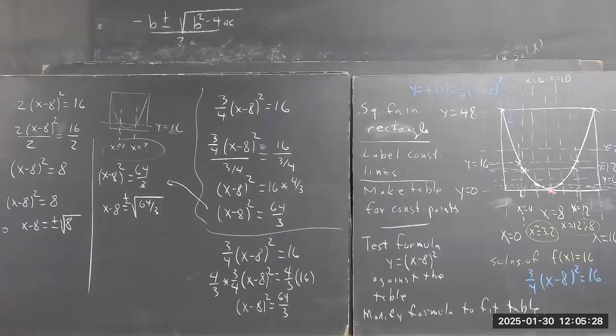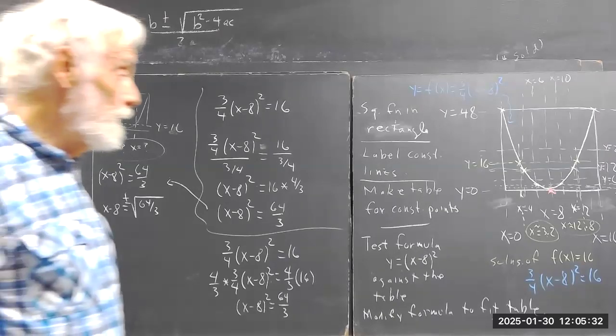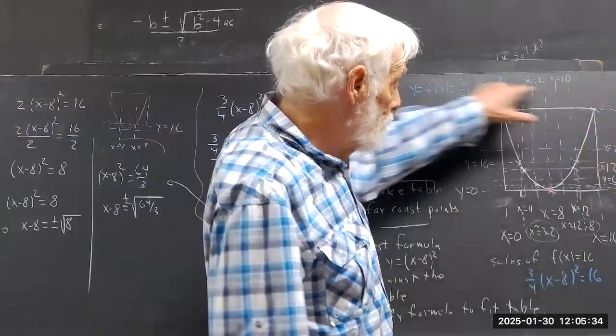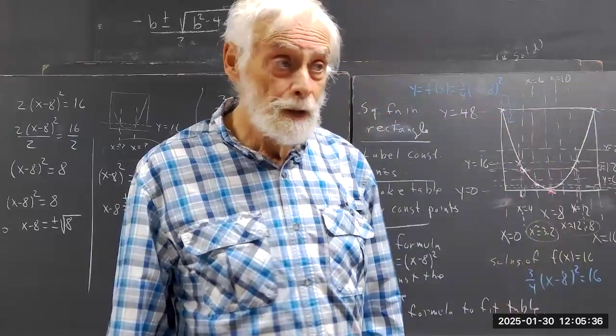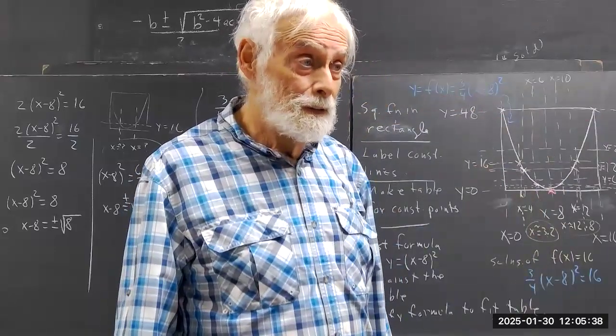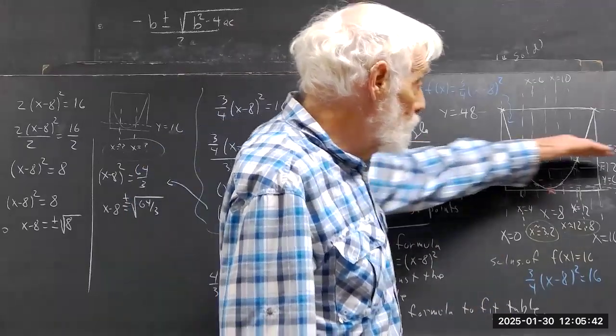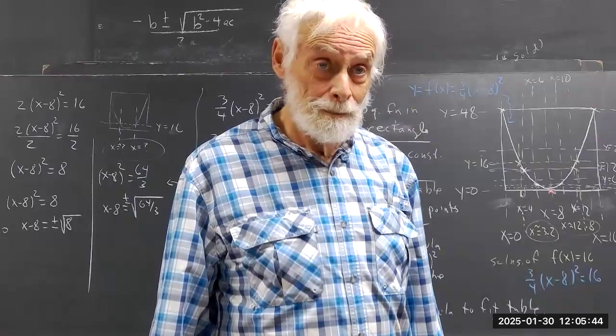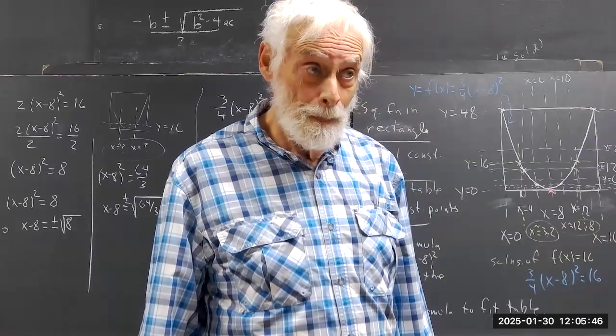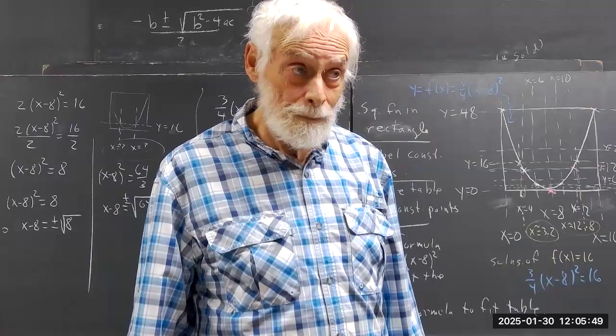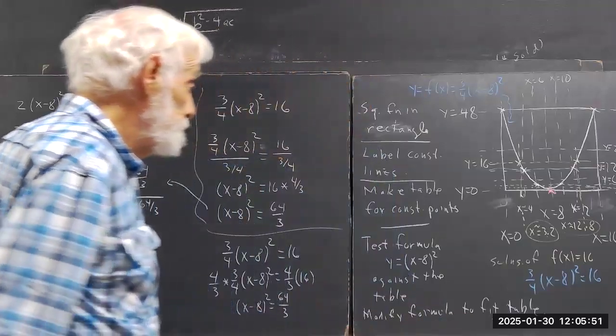Now, if you think about it, you have a method that, whatever dimensions I put on this rectangle, you can solve the equation y equals whatever. You got it all.